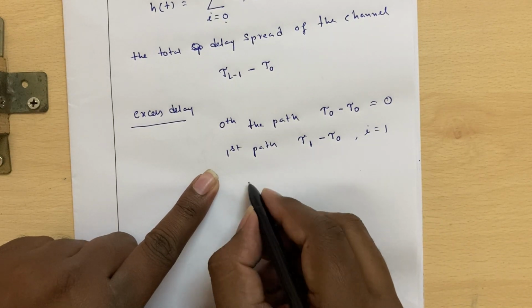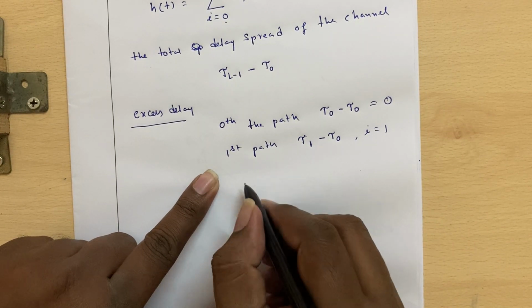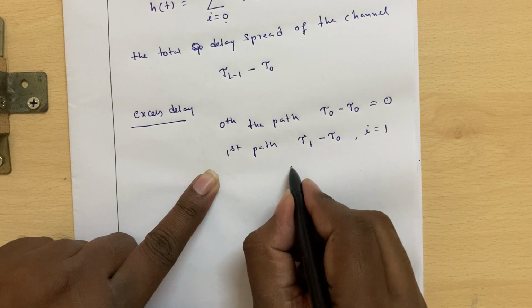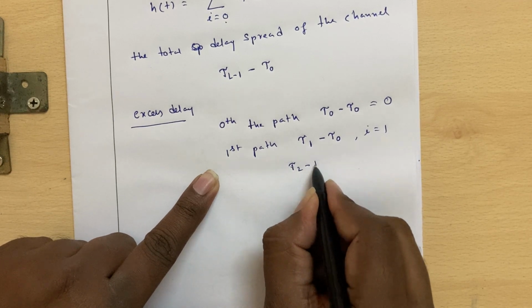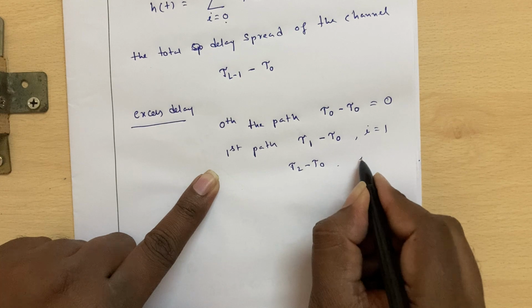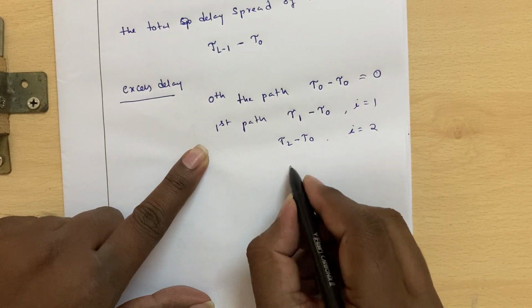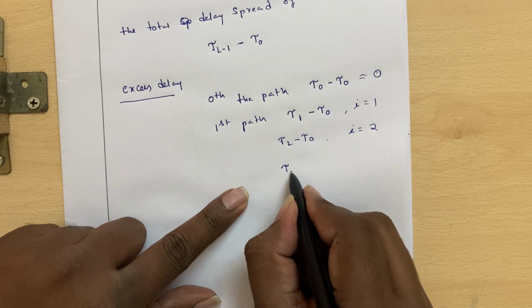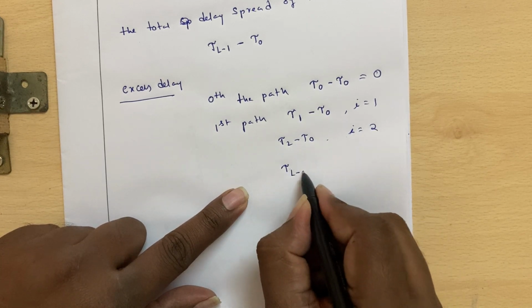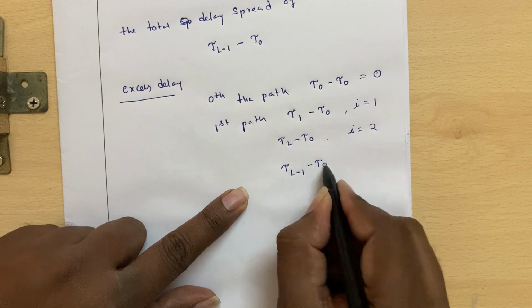And the excess delay of the path for which i equals 2 is tau 2 minus tau naught, and like that. The excess delay of the last path, for which i equals L minus 1, is tau L minus 1 minus tau naught.